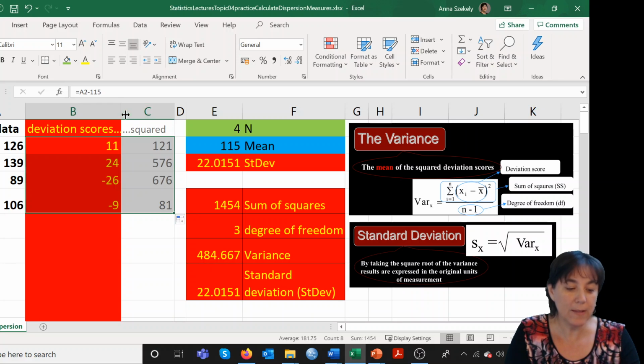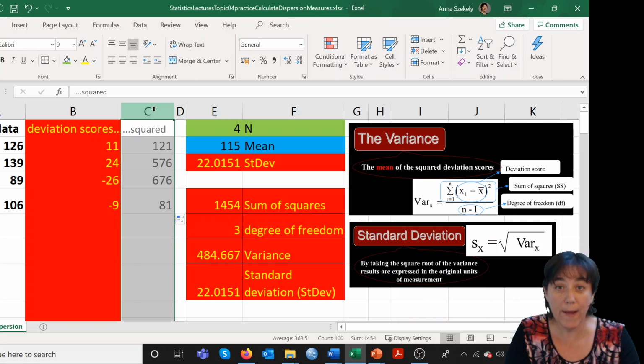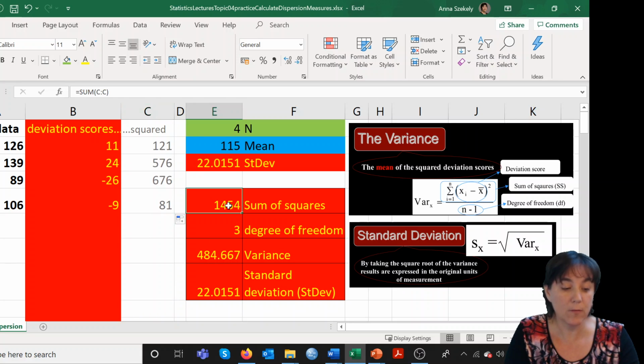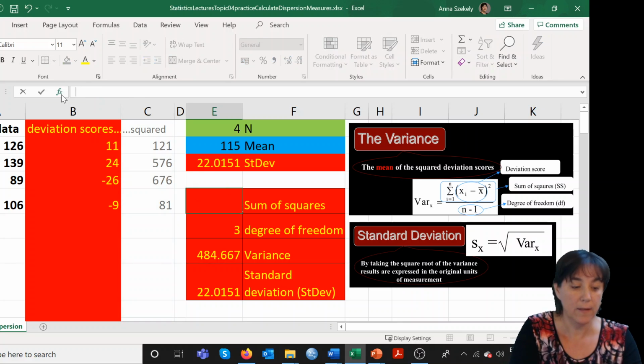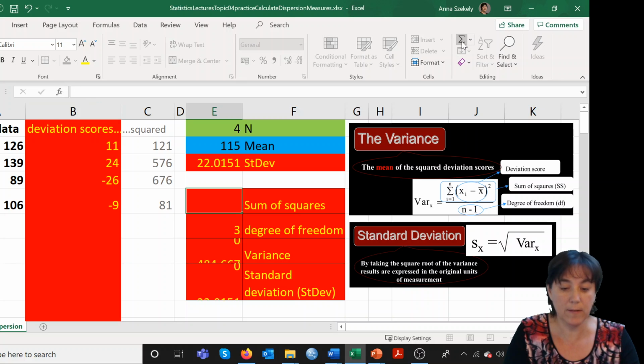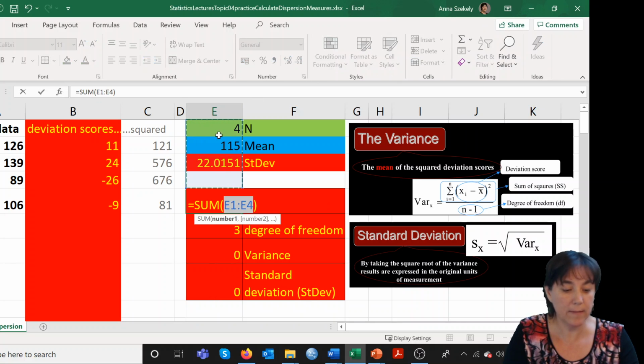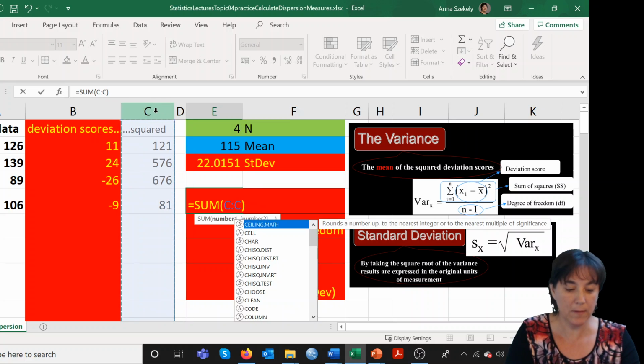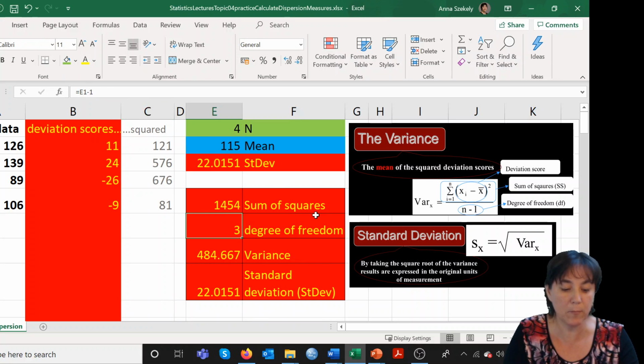Once I have the deviation scores squared, I need to sum them up. So I will use a sum function in Excel, and it's really easy. It's here, so it's just SUM, and that's not what I want to sum. I want to sum these up, and that's my sum of squares. Degree of freedom is the n minus 1.